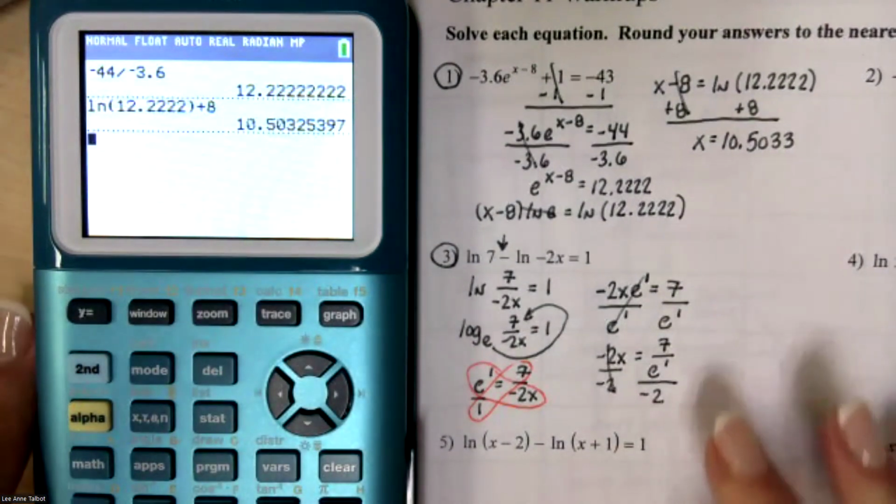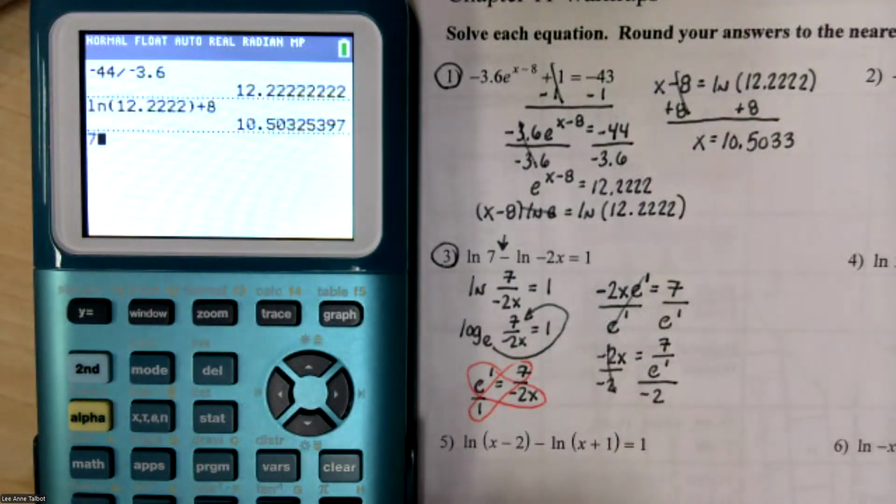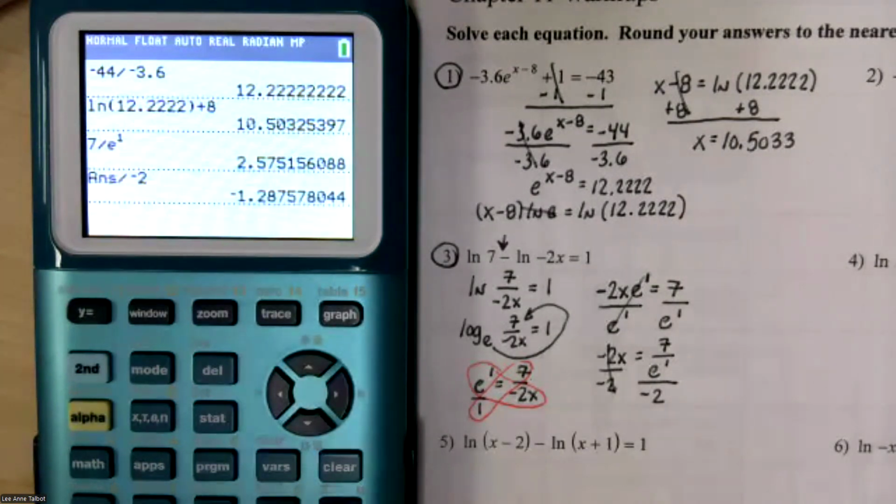Okay, so I'm going to do this division in 2 steps. I'm going to do 7 divided by e to the 1, enter, and then divided by -2, enter.